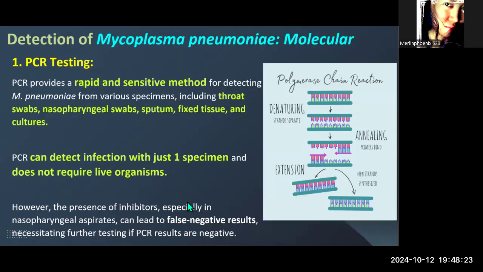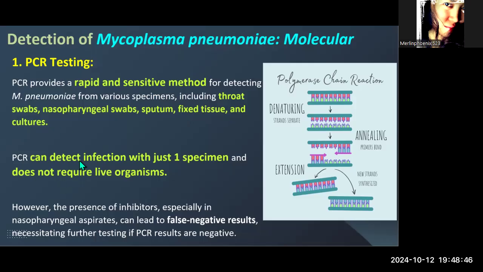PCR testing is also one of the methodologies, of course molecular, that can be used to detect mycoplasma. PCR is a fast and sensitive technique for detecting M. pneumoniae in various samples such as throat swabs, nasopharyngeal swabs, sputum, fixed tissues, and cultures.